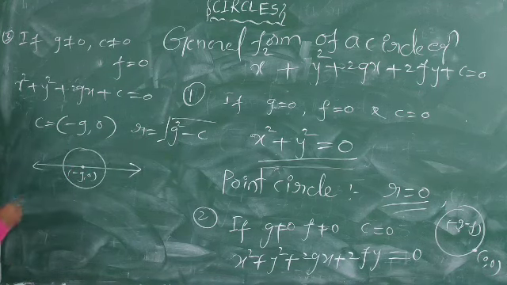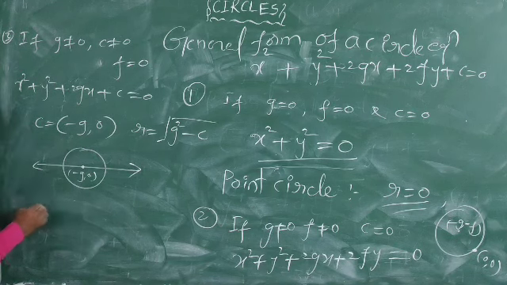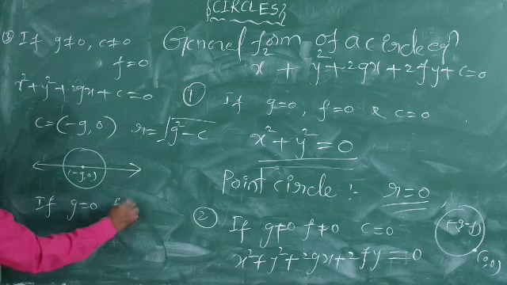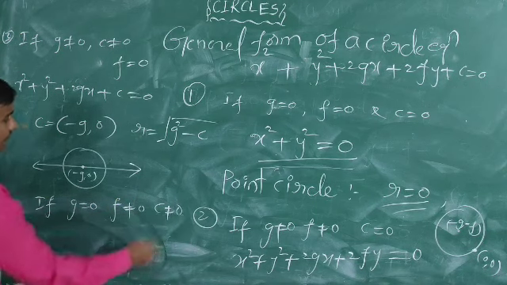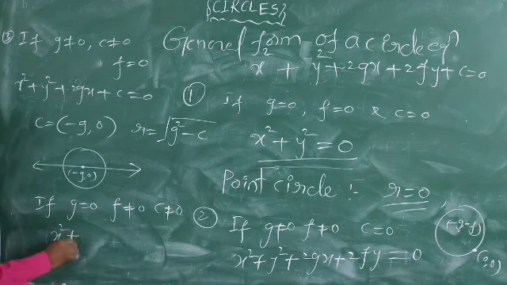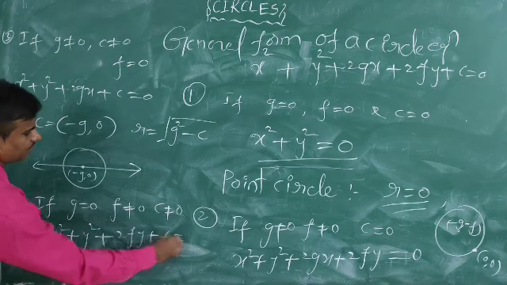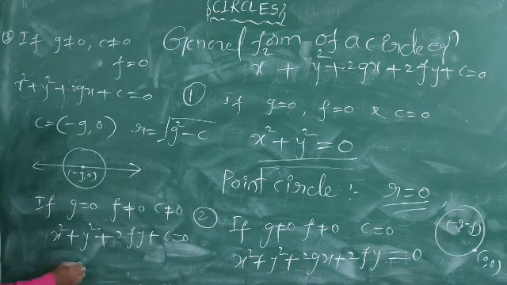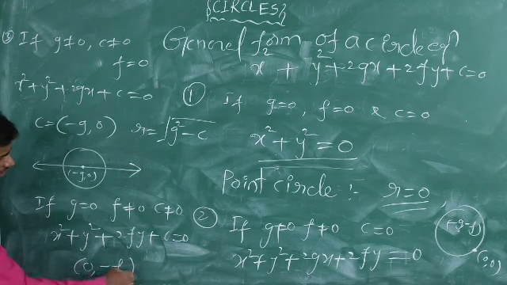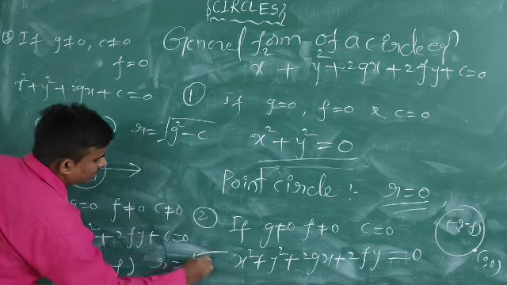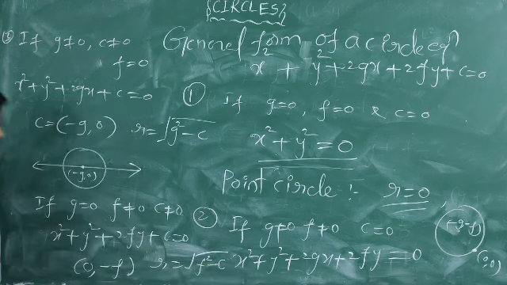Again, if g is equal to 0 and f is not equal to 0 and c is not equal to 0, what happens? Our equation will be x square plus y square plus 2fy plus c equal to 0. From it we see our center is (0, minus f) and radius equal to the square root of f square minus c.